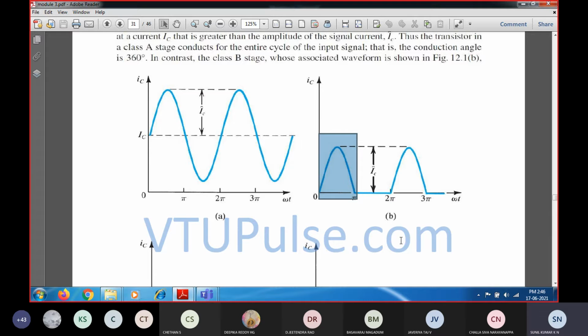So a single class B amplifier provides only one half of the cycle at the output. If you have a second class B amplifier with a different input configuration, then you can obtain the remaining half of the cycle.